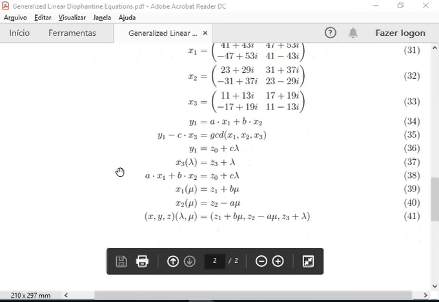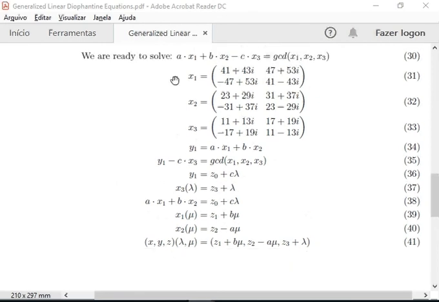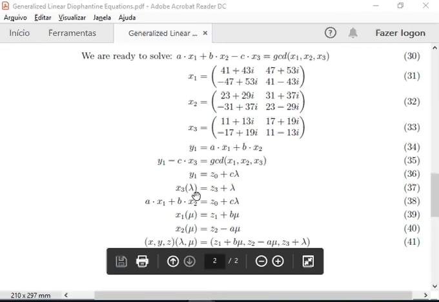Just repeating. Who is y1? Ax1 plus bx2. So we're going to have y1 minus cx3 equals the GCD. And we have a single solution for y1 of lambda and x3 of lambda.